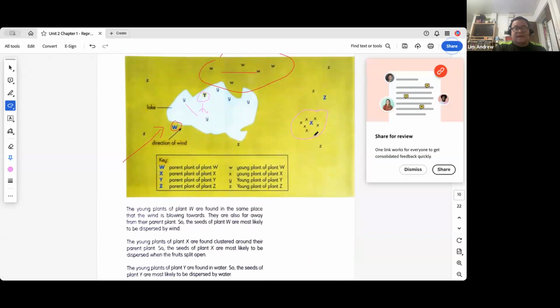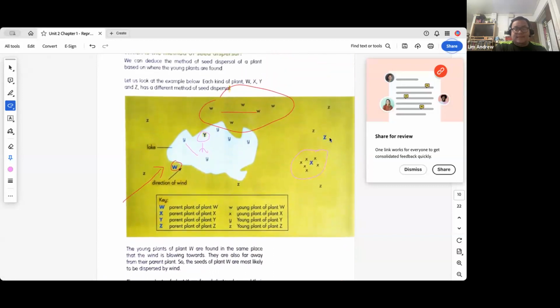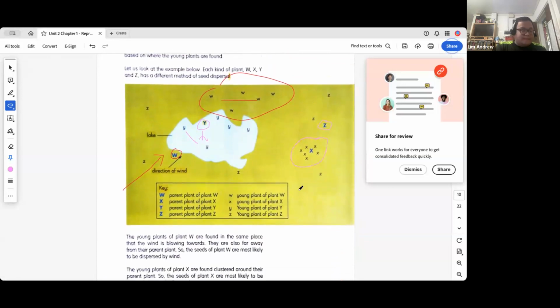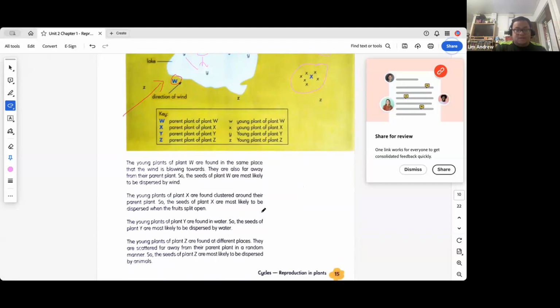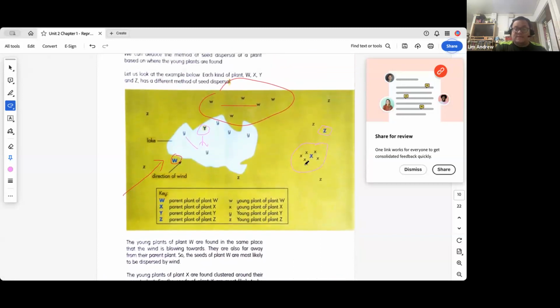Next, plant Z. Plant Z is here, but we can see that the children of plant Z are scattered all over the place. The only method that allows the seeds of the plant to be scattered all around is animals. Only animals can travel from this location to another location, scattered randomly instead of in just one single direction, because wind will always carry the seeds to a specific location based on the wind direction.